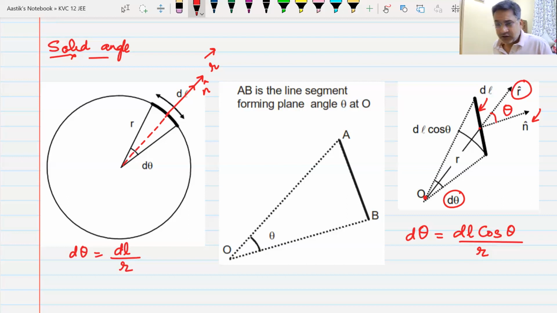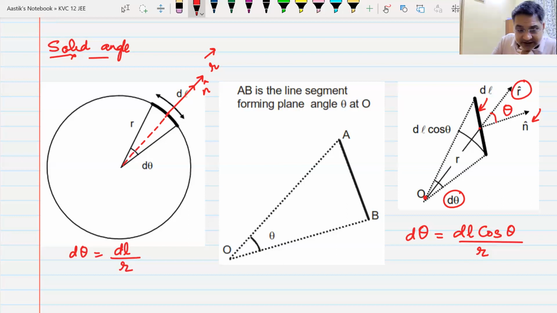And the best way to imagine it is the cone of ice cream. You see a cone of ice cream? And imagine that cone is completely filled with ice cream. You don't have to eat it right now. Just have to imagine it to understand what is a solid angle.